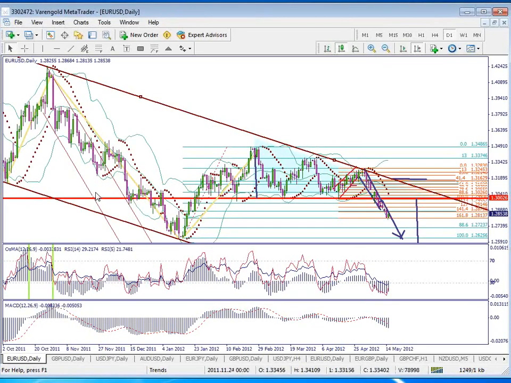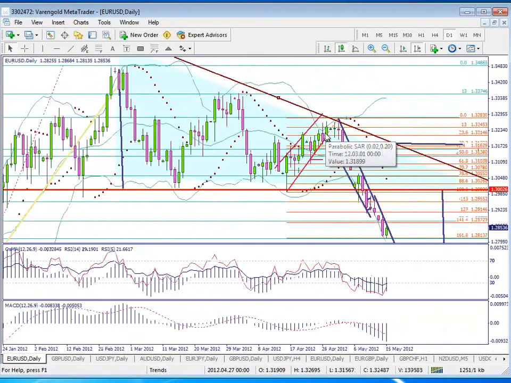Okay, let's go for the pairs. So on euro dollar, probably you saw that the pair just reached 161.8, made a little reverse up to 141, and probably now it will retest again 161.